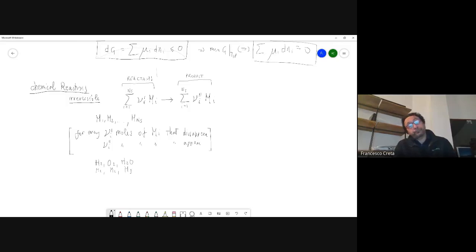We will always be doing this numbering of species to make our lives easier, okay? So you'll see that in the future it's going to be very, very useful to do a numbering, okay? This is an arbitrary choice, but once you make that choice, you have to stick with it clearly. So in this case, species number 1 is hydrogen, species number 2 is molecular oxygen, and species number 3 is water.